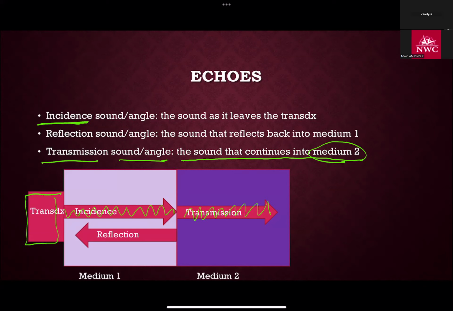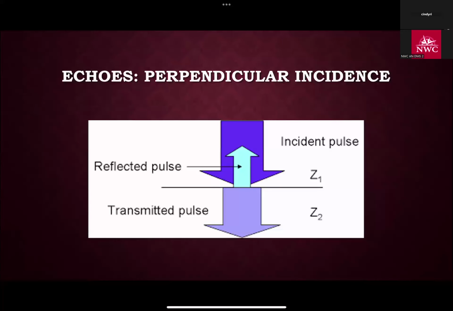The sound that reflects back to the transducer is going to be called the reflected sound or the reflected angle, as we've already been calling it. And so that's the sound that reflects back into medium one. Okay, so now that we know those three definitions, we're going to turn our attention specifically to perpendicular incidence.